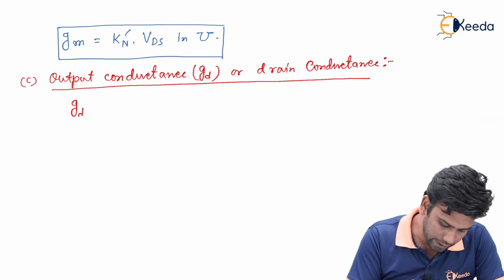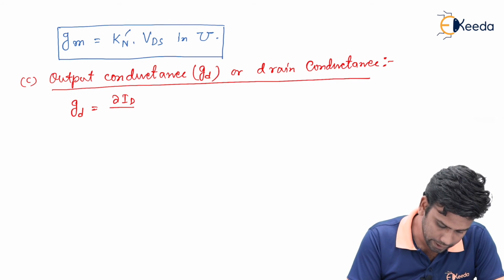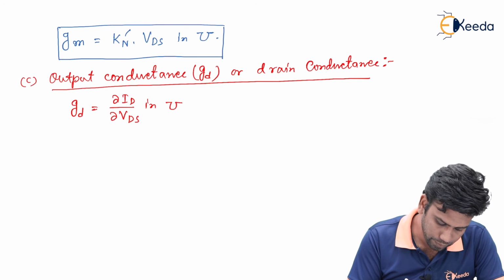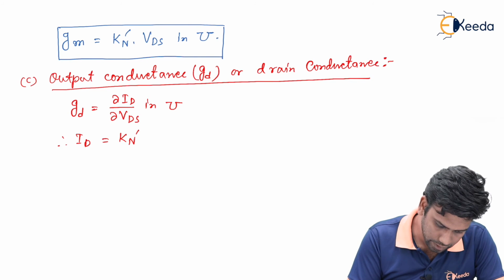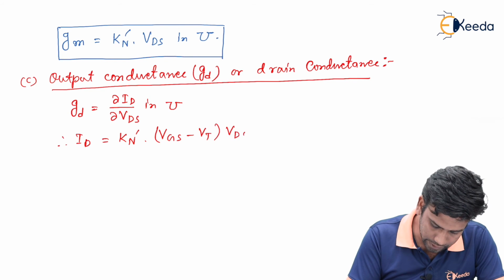So, GD is defined by del ID by del VDS in mho, and we know that ID is equal to Kn dash into (VGS minus VT) into VDS.